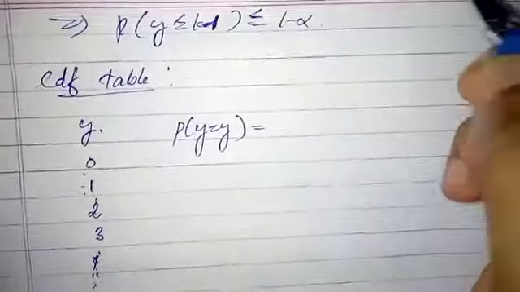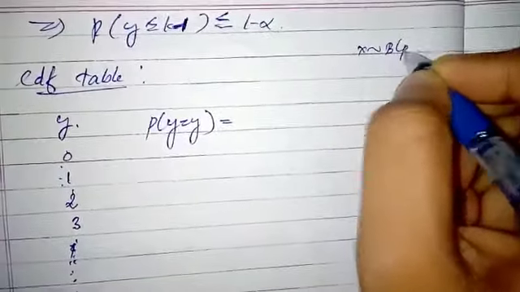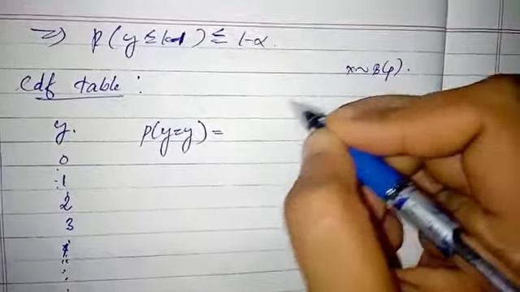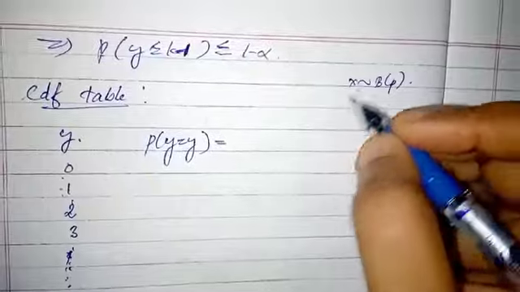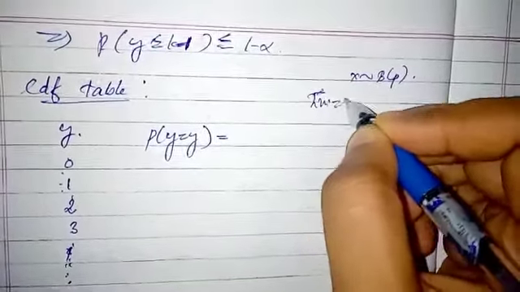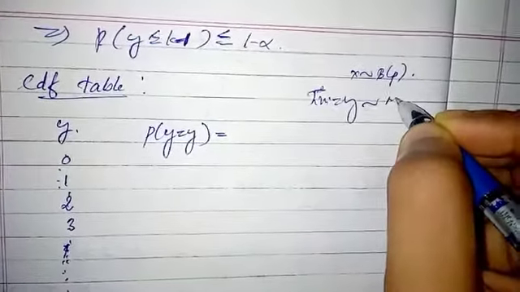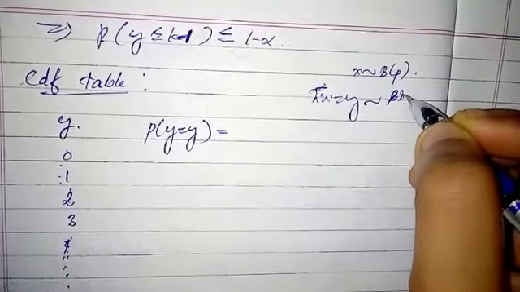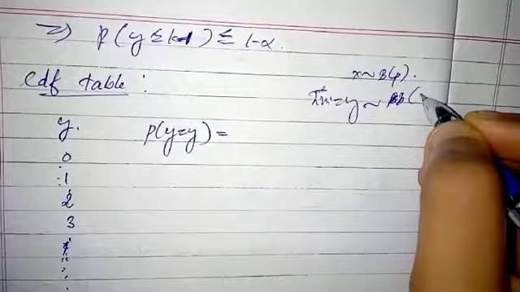We know that X follows Bernoulli with the parameter p, right? Here we know that Y equal to the summation of Xi, which follows binomial with n comma p.